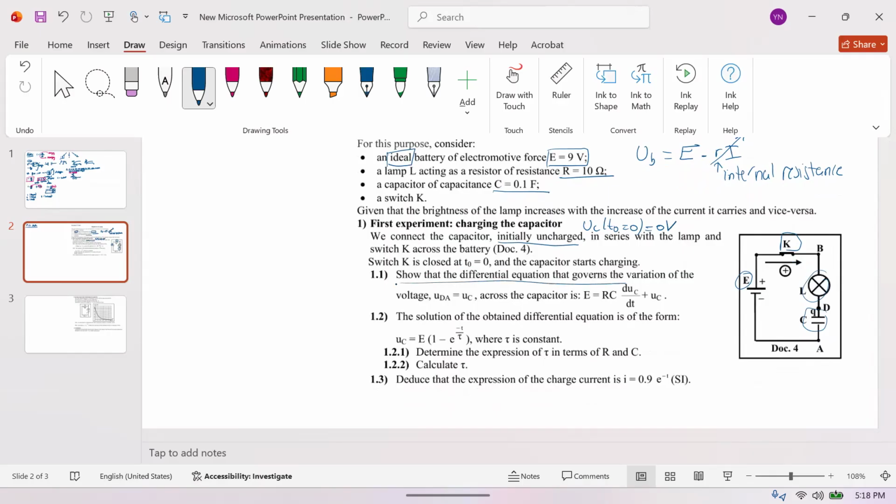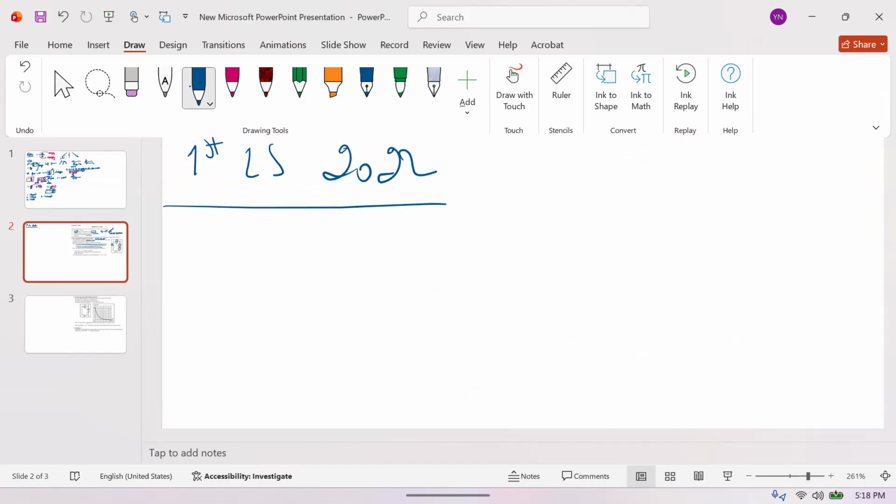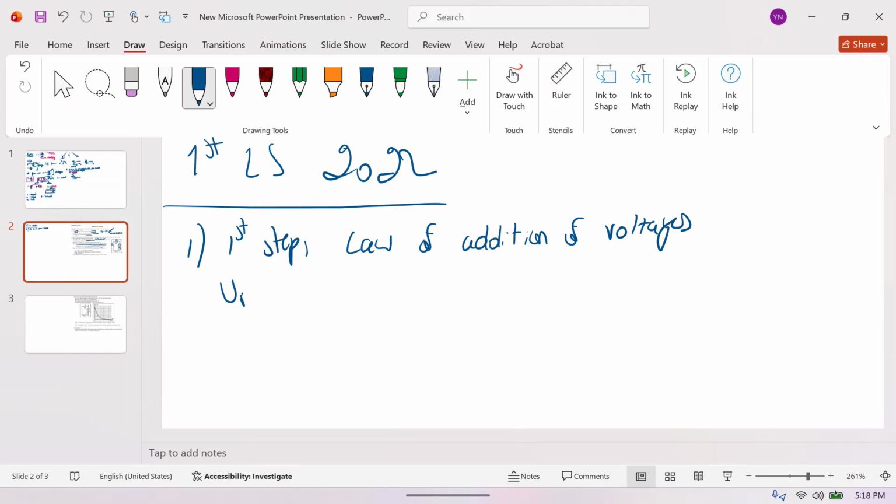Show that the differential equation that governs the variation of the voltage. Every time you read this question and they ask about the differential equation, you can decompose this into two steps, or three sometimes. The first step, you have to write the law of addition of voltages for the circuit that you have, which is U of the battery.